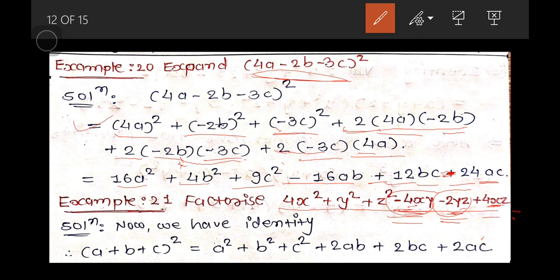So let me factorize this expression. We know the identity, but here I have used other variables because x, y, z are already used in this expression. So (a plus b plus c) all square is a square plus b square plus c square plus 2ab plus 2bc plus 2ac. Let me compare this identity with the given expression.